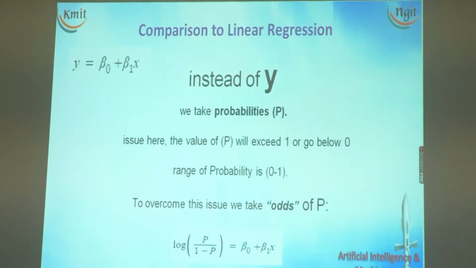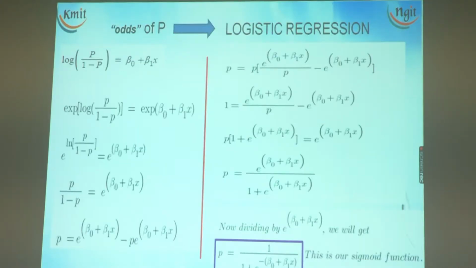The probability can be greater than 1 or less than 0. To avoid that, we need to take the odds of P, with a log function on a linear function.